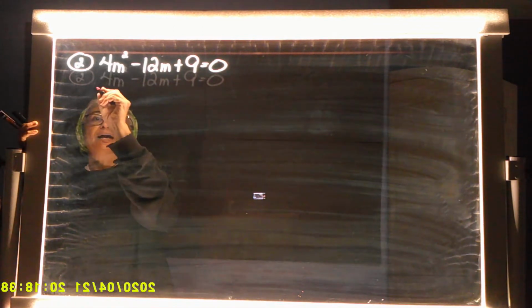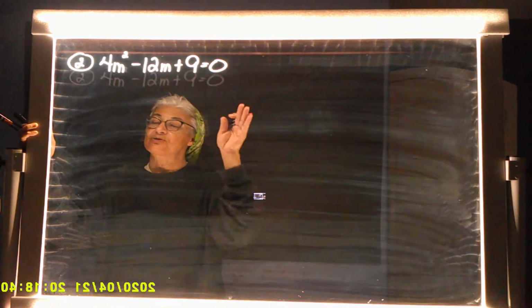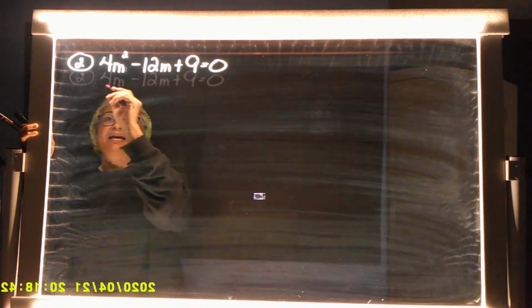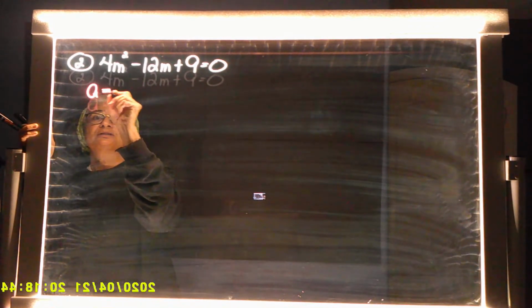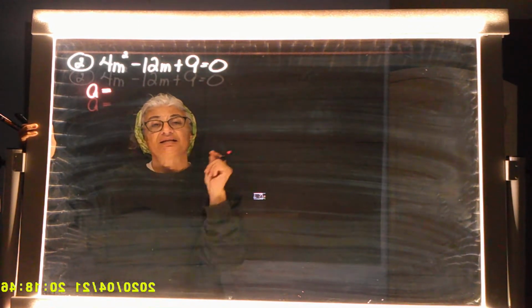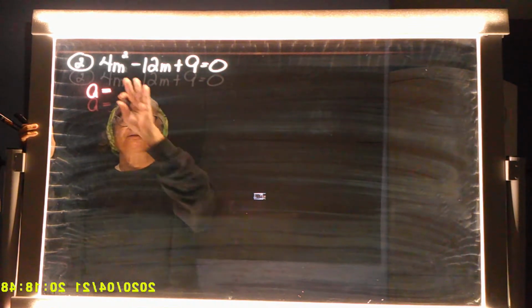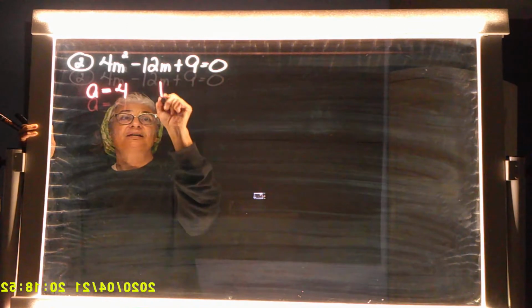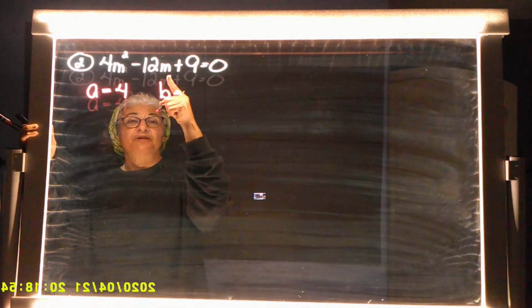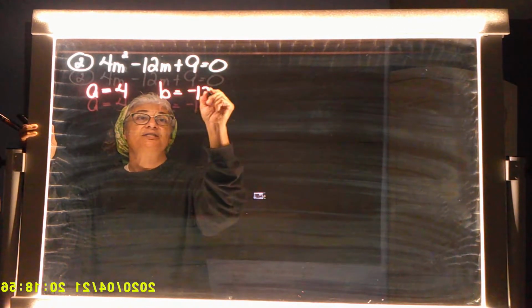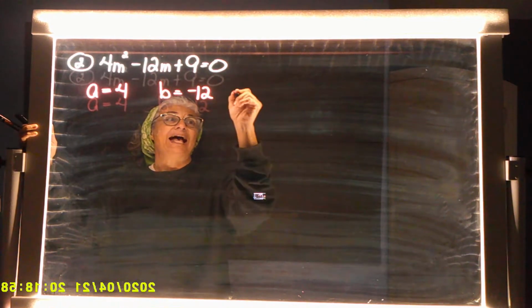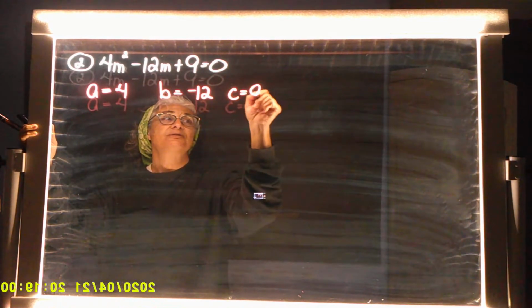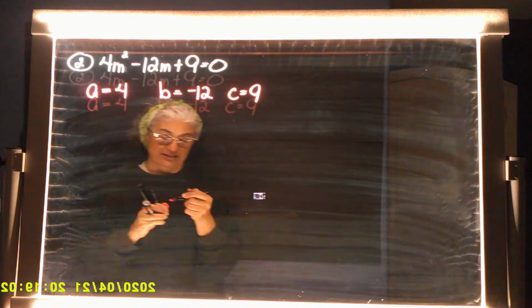So remember, when it's in descending order, it's extremely easy to identify. A is your lead coefficient. It's the number in front of the squared variable. B is your number in front of the variable to the power of 1, which in this case is negative 12. And C is equal to, good, 9, which is the constant.